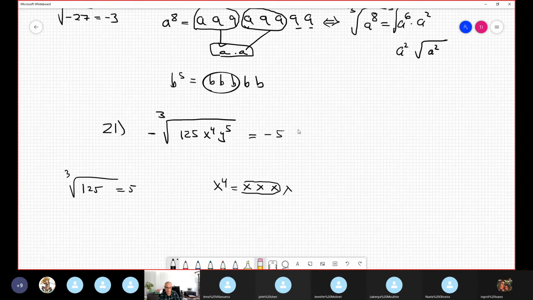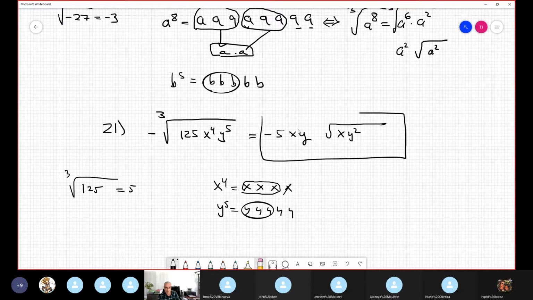You select 3 by 3 because it's a cubic root. So 1 x is outside the radical and this x stays inside. And y to the 5th power, 1, 2, 3, 4, and 5. 1 y again outside and y squared stays inside. 21 is option negative 5xy cubic root.